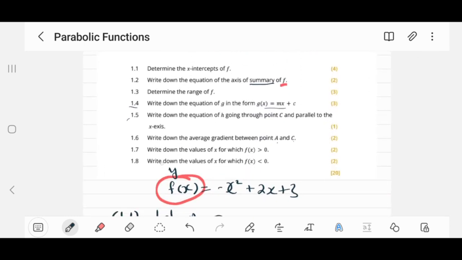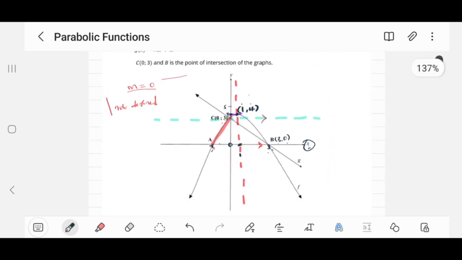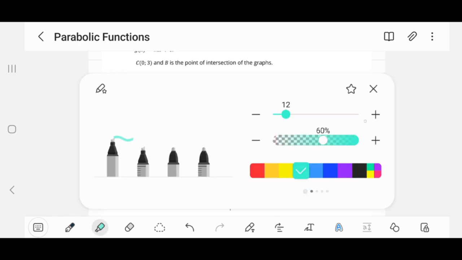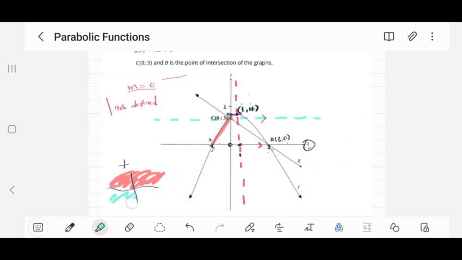Now, they're saying write down the values of x for which f of x is above 0. Greater than 0 means above 0. Okay? So I tell people, if you have a Cartesian plane, the upper side of the function is the positive side of the function. The lower side of the function is the negative side of the function.